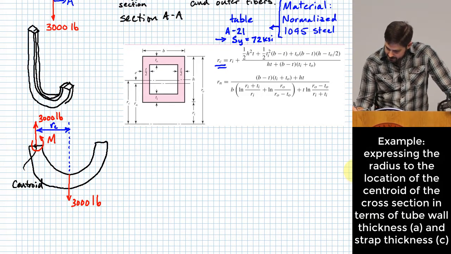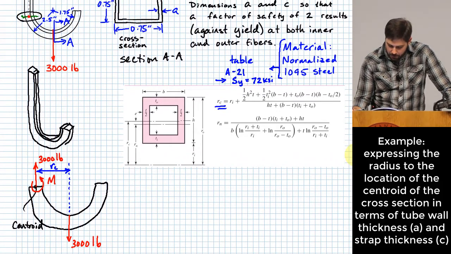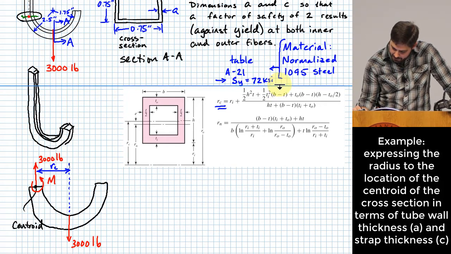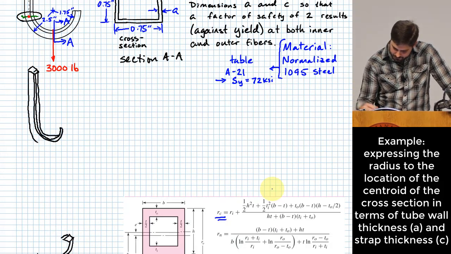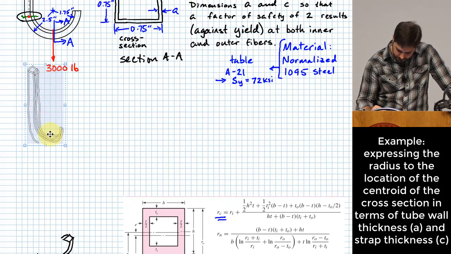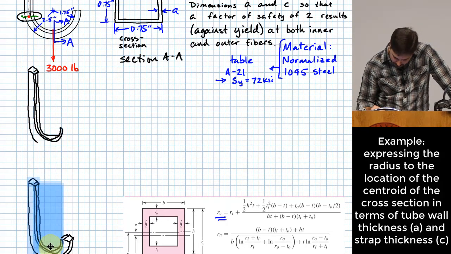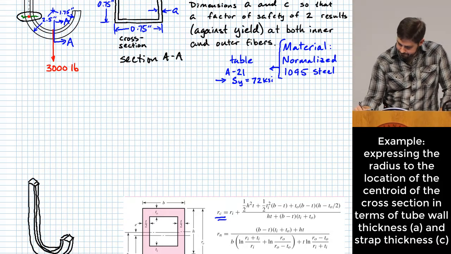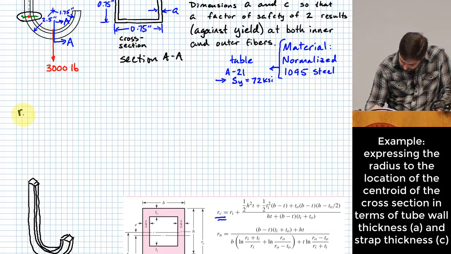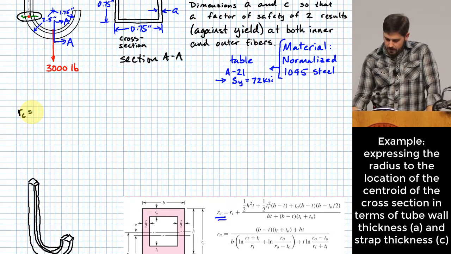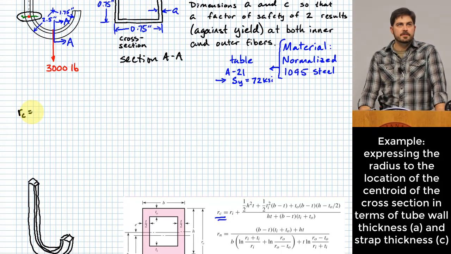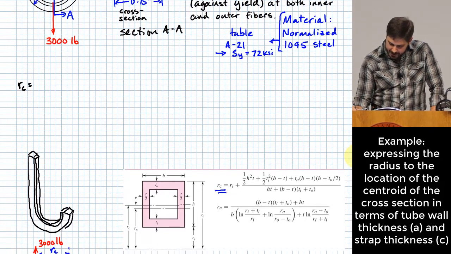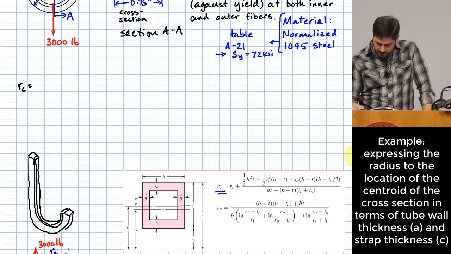All right, so now let's figure out RC and RN, and we'll come back to that free body diagram in just a second. All right, RC. The first thing we need for RC is RI, which means that we need to look very carefully at this diagram.